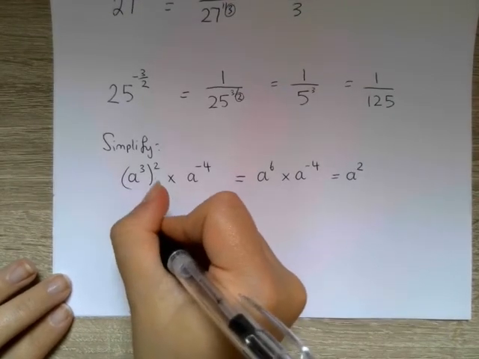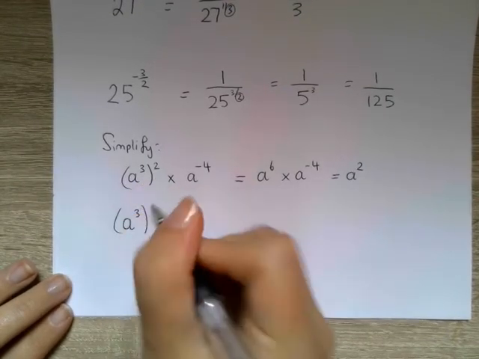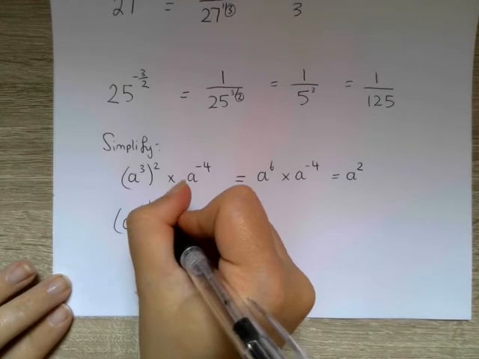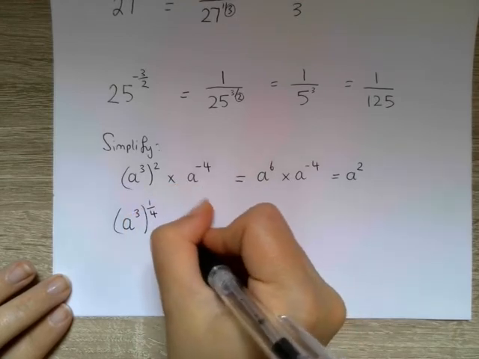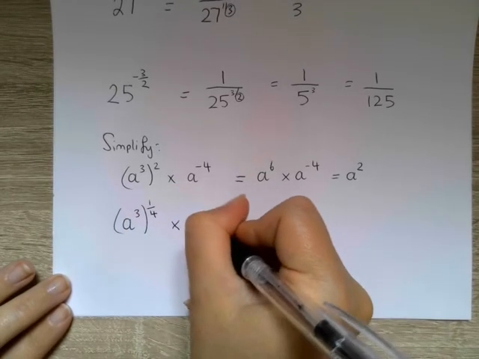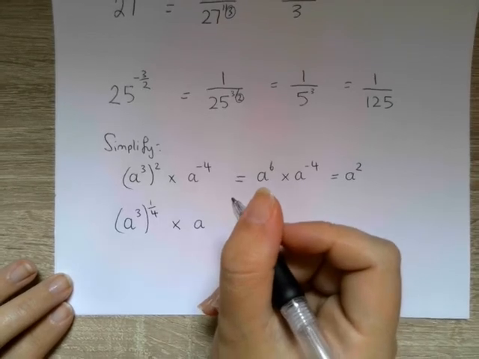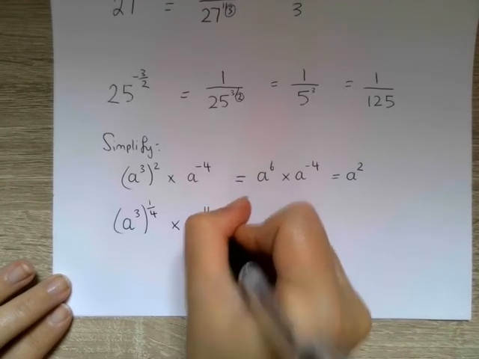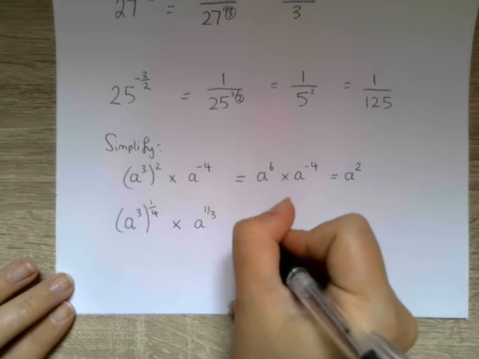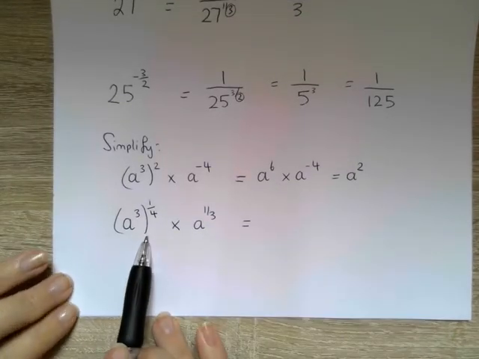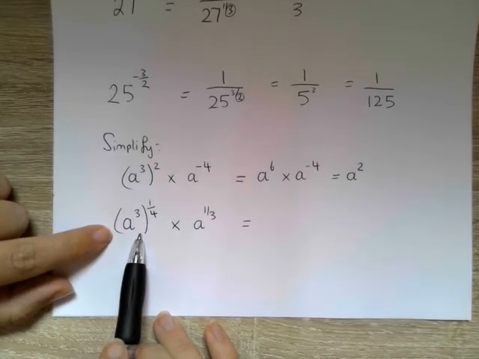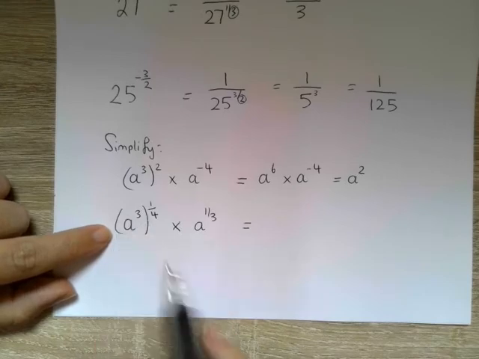I'm trying to think of some more that they might ask. So say if you had a to the 3 to the power of 1 over 4 times a, let's go for, right, so this one here. I don't know what I've done, it's probably a really horrible question. So here we're going to times the indices.